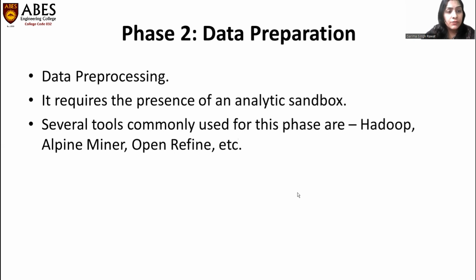It has 2 transformation levels and is a combination of the ETL and ELT processes. After cleaning the data, the team will determine different techniques and methods for building the model in the next phase. There are several tools commonly used for this phase, such as Hadoop, Alpine Miner, OpenRefine, etc.